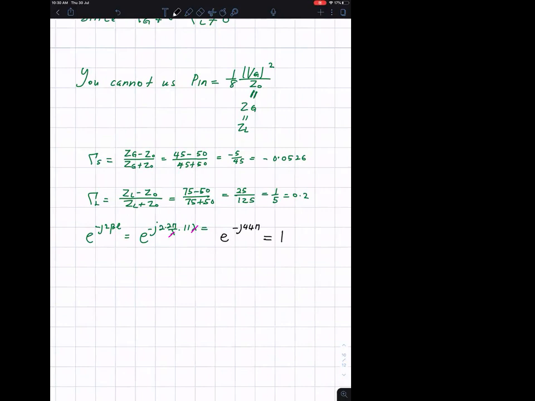You know, this is a multiple of 2 pi, right or not? This is the same as e to the minus j 2 pi, multiplied how many times? 22 times, right? Yes. So we know our sine wave. We also know that e to the minus j 2 pi is cosine minus 2 pi plus j minus sine 2 pi.